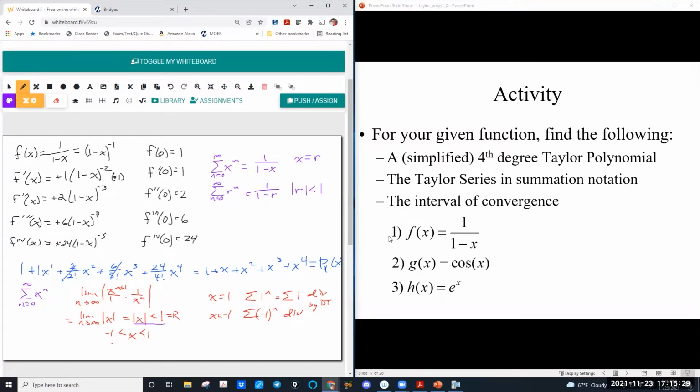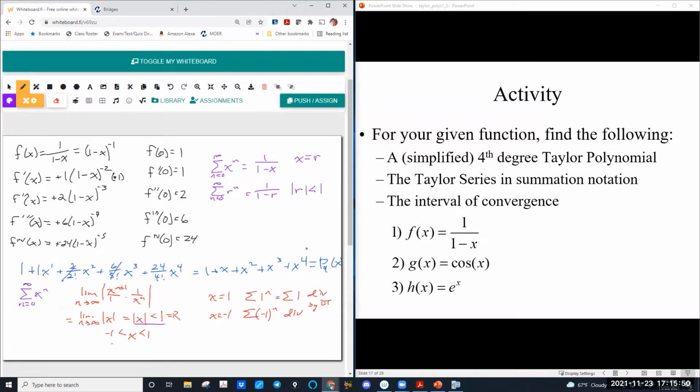Part of the reason I chose this one is I love making that connection because it's something we've seen before. We're just now doing it in the reverse. The other reason that I like using this one is we're going to modify this and see how we can use a known Taylor series to find more complicated Taylor series.